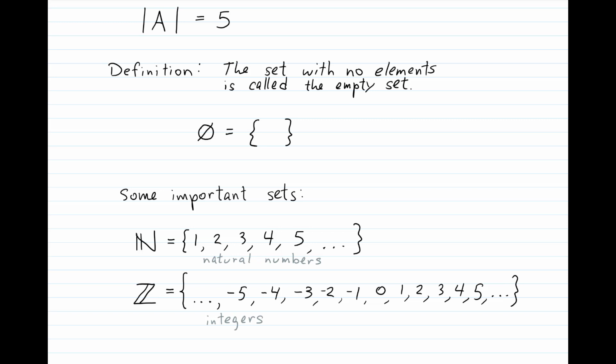Okay, now, those sets are infinite, right? There's infinitely many elements. So number one, if I asked you for the cardinality of that, well, again, we would have to talk about that in more detail, and we'll get to that later. So let's not worry about it right now, okay?